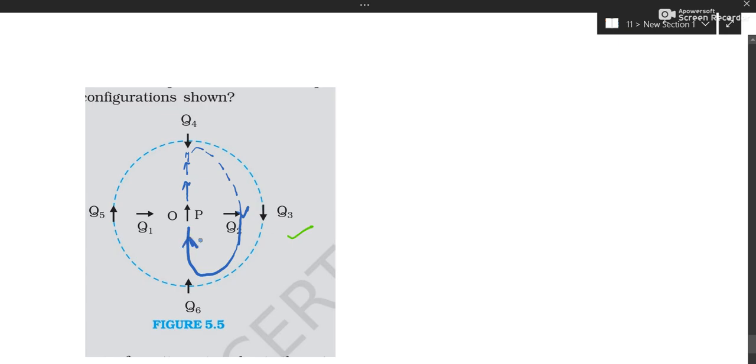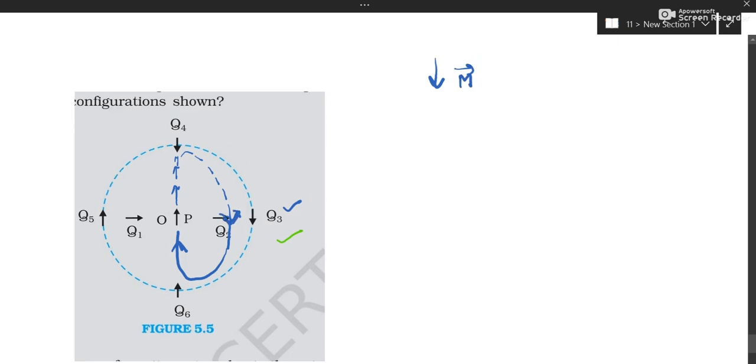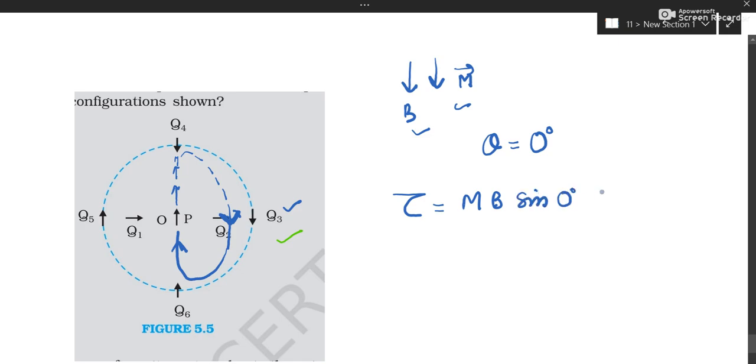Arrows are important. So now talk about Q3. So Q3's magnetic moment is like this. And what about the external field? The external field is like this for Q3. So what is the angle? Angle is 0. Because angle is 0, torque is 0. So it is in equilibrium.